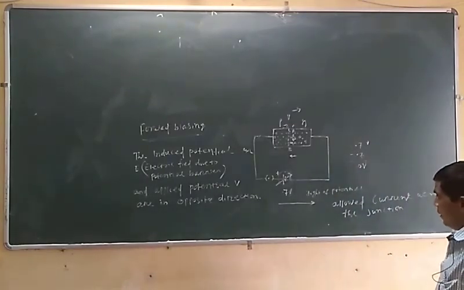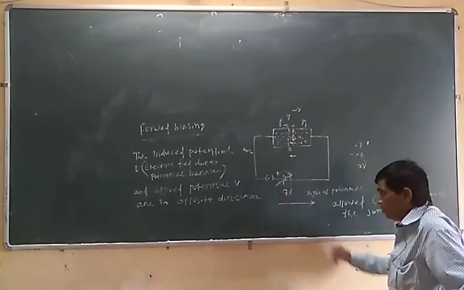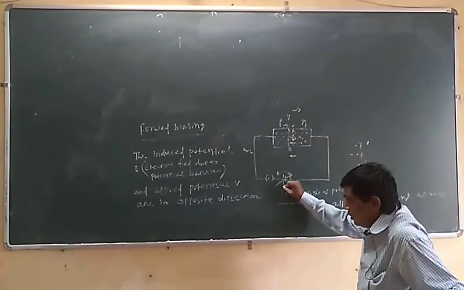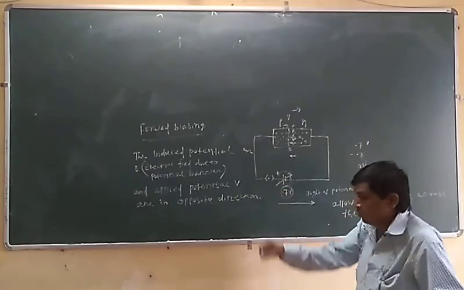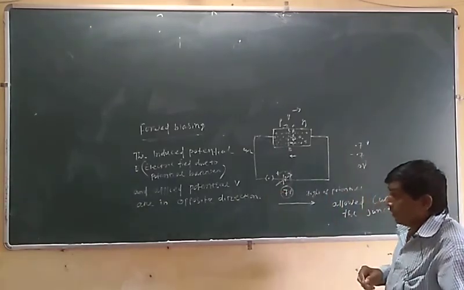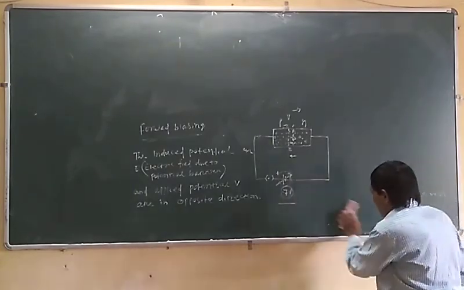So in forward bias, the majority charge carriers are allowed to flow across the junction when the applied voltage is equal to 0.7 volt. But another thing we consider is the minority charge carrier.